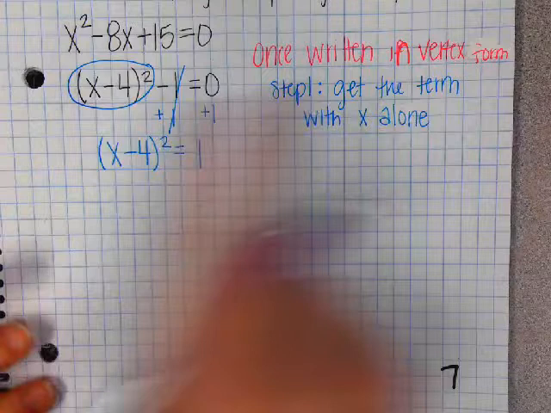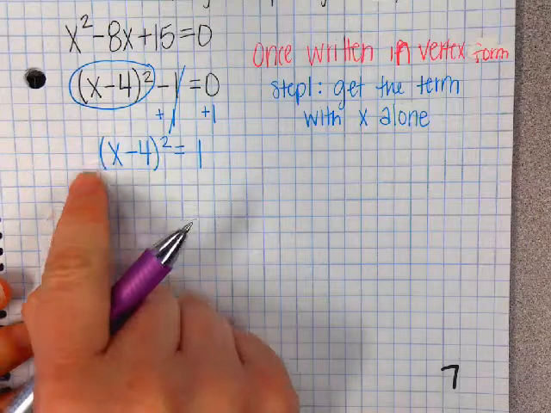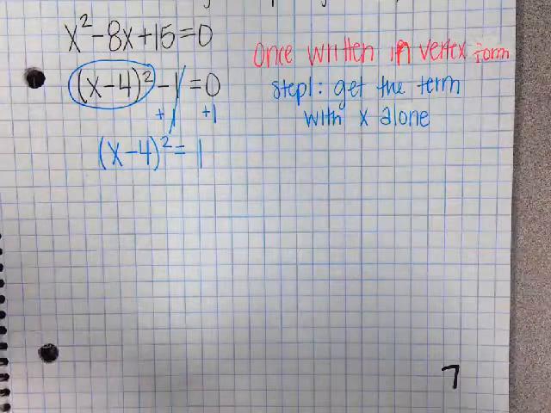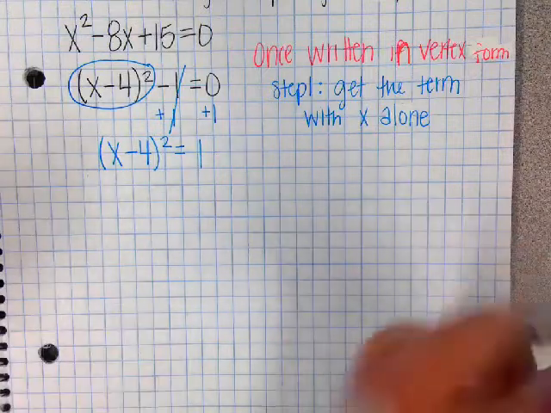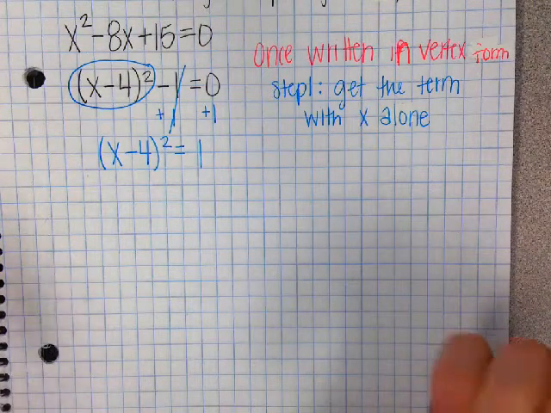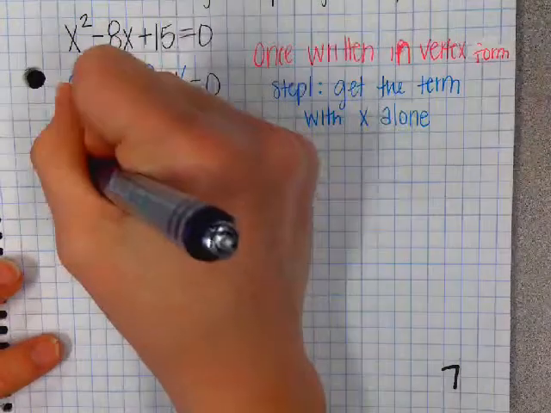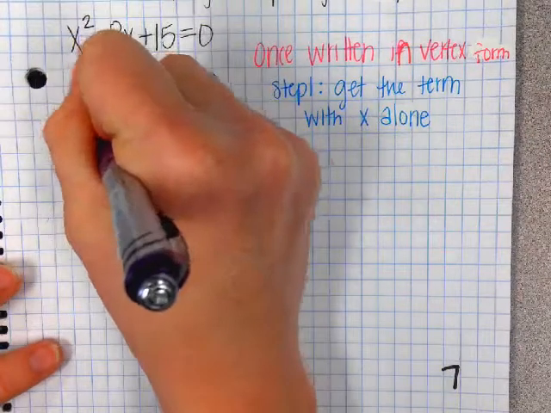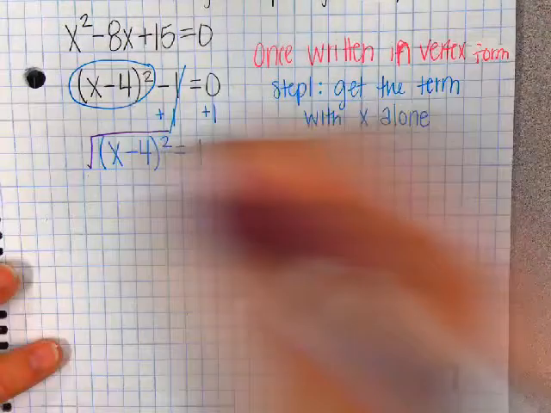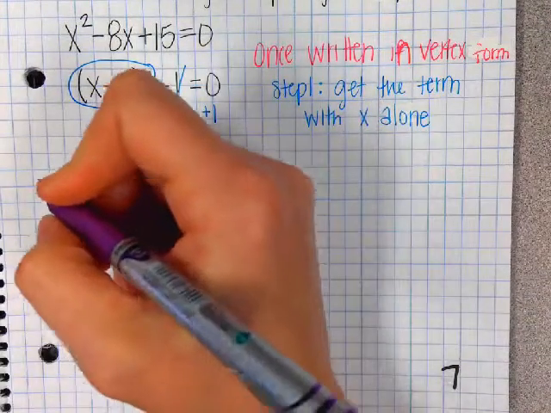Now, remember, whenever we had like a 2 out here, we always just divided by the 2, because the opposite of multiply is divide. Does anybody know what the opposite of squaring something is? Square root. Perfect. So I'm going to take the square root of this. Now remember why, and I'm just going to do a little side note over here.